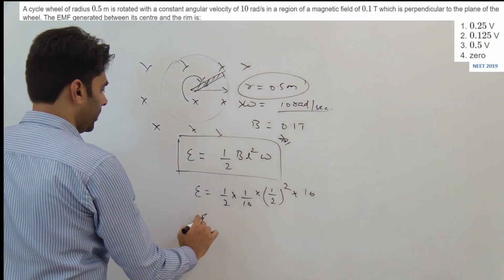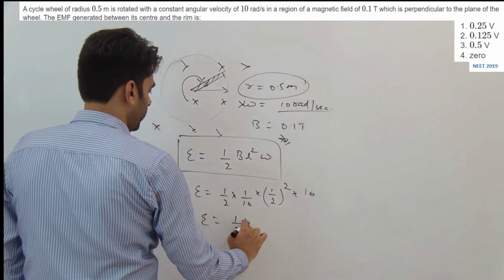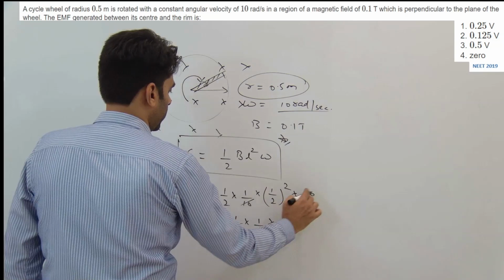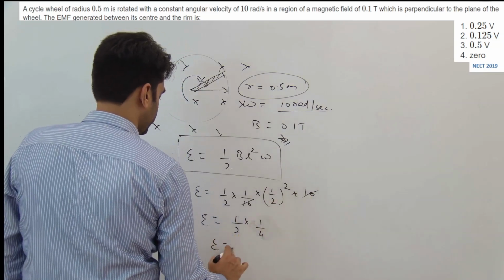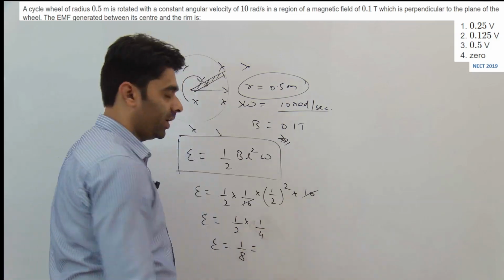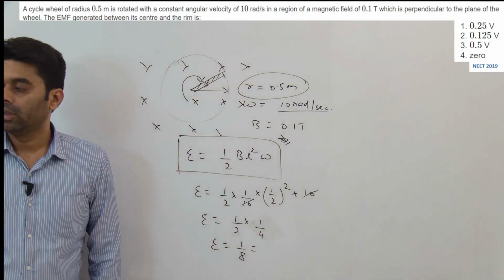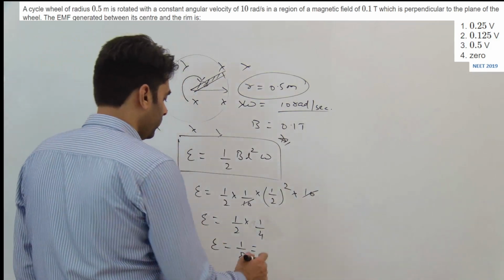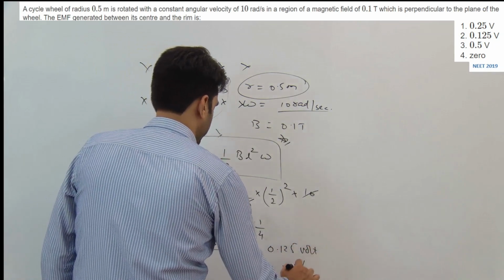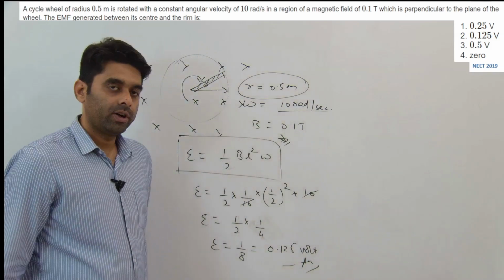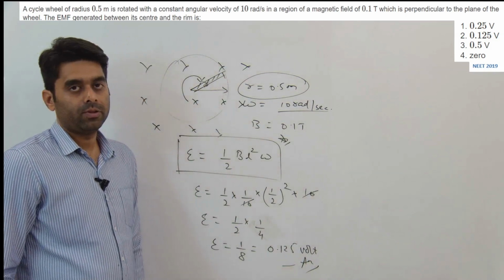Let us solve it. E is equals to 1 by 2 into 1 by 10. This 10 will cancel out. We'll get over here 1 by 4. So E is equals to 1 by 8. Now 1 by 8 is our answer. They have given it in terms of decimal, so we'll change it. It will come out to be 0.125 volt, right? Let's move ahead.